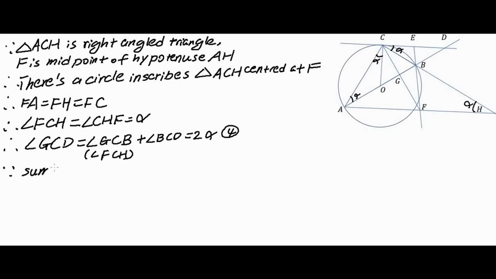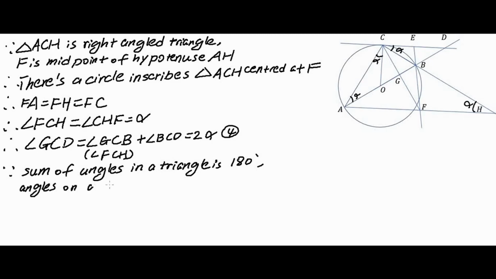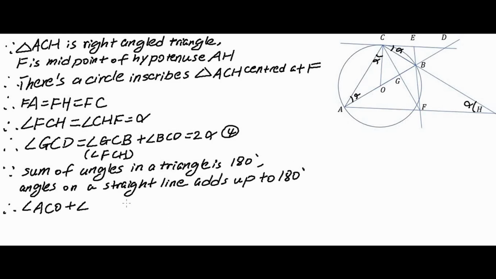Now, let's look at triangle AOC and line AD. Because the sum of all angles in a triangle is 180 degrees, and the two angles on a straight line also add up to 180 degrees, this means that angle ACO plus angle CAO plus angle AOC equals 180 degrees, and angle AOC plus angle COB also equals 180 degrees.